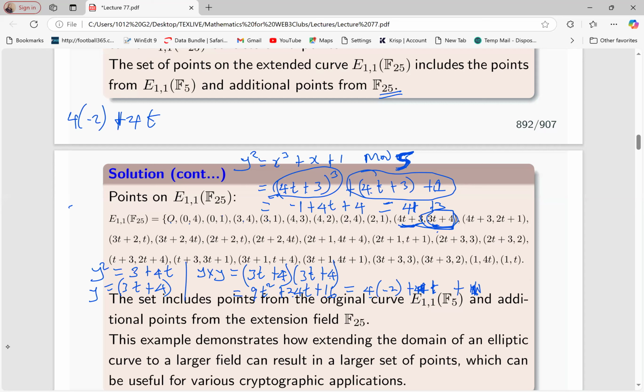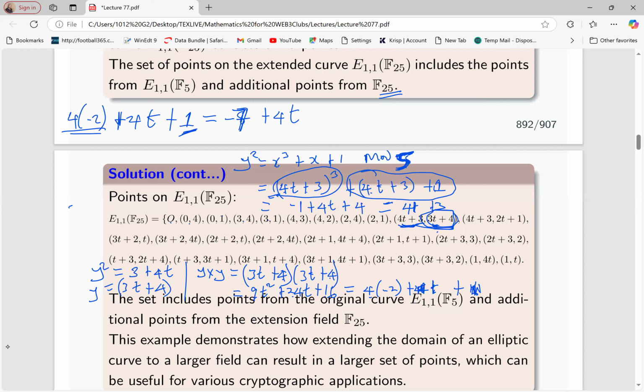And this other one is 16, which is the same as 1. You're doing it mod 5. So the first bracket here is negative 8, and then plus 1, that would be negative 7. Plus this one, negative 7, then plus 4t.